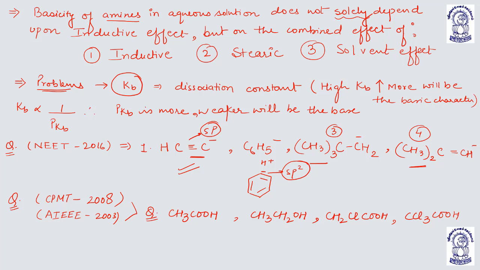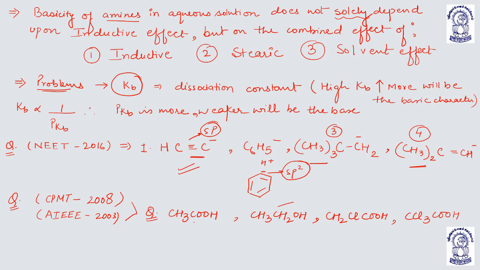More number of electron withdrawing groups means more acidic character. Understood? So it can be easily seen. Ethanol we can easily rule out. Alcohols are weaker acids, meaning their acidic character is weaker than water as well, so they cannot be part of this family; we all are having acids.